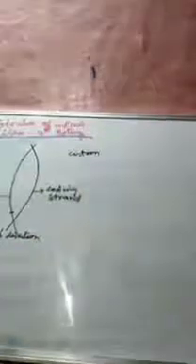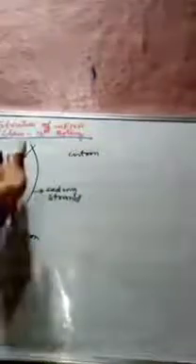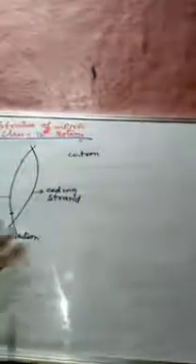Now, one term is there that is called the cistron. What is the cistron? Cistron is the segment of DNA that contains the genetic information for the synthesis of one polypeptide chain. So what is this cistron?